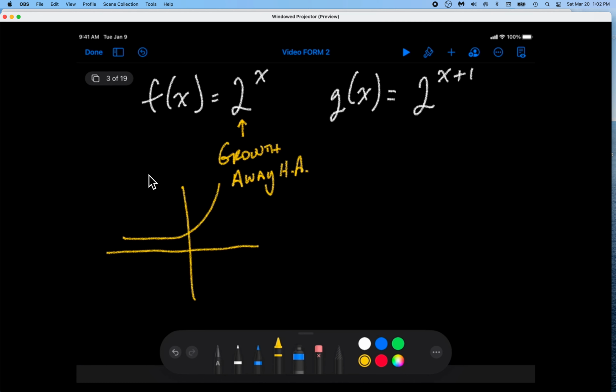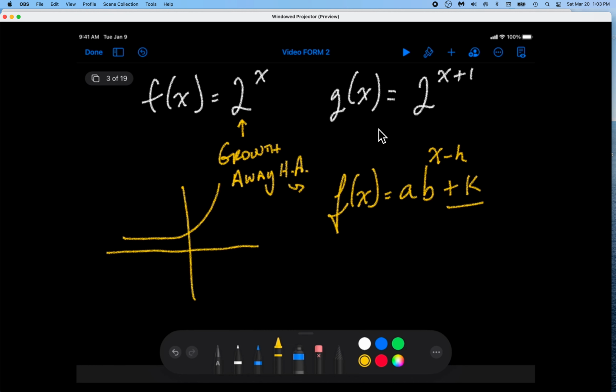The horizontal asymptote here is going to be y equals 0, because these functions have the generic formula where the k represents the horizontal asymptote. So here the k is 0, so our horizontal asymptote is right here. As you move from left to right, this graph is going to move away from the horizontal asymptote.